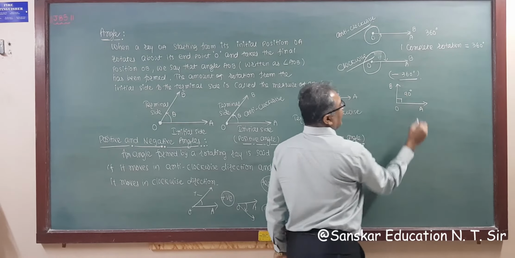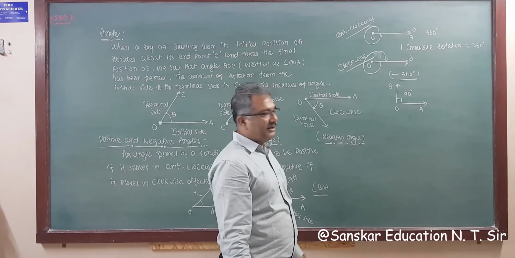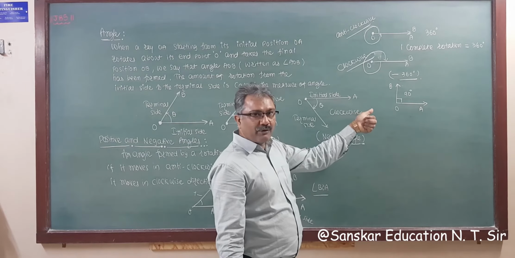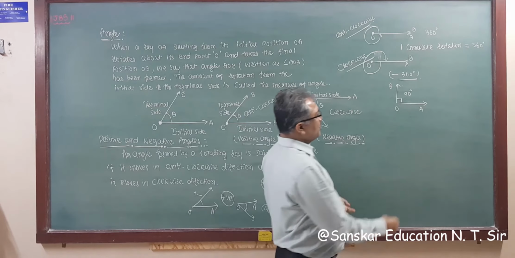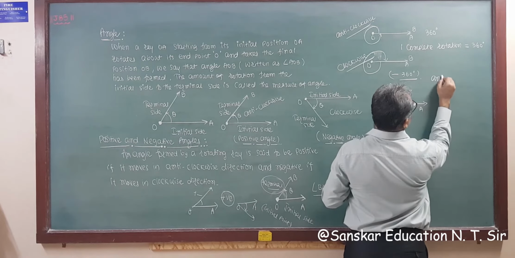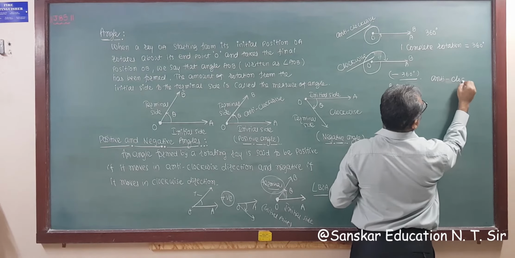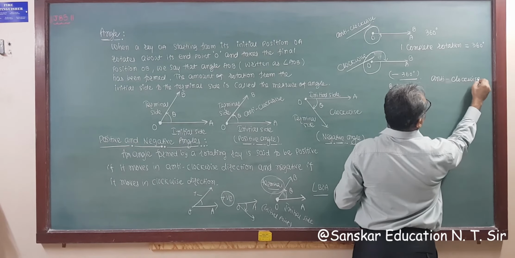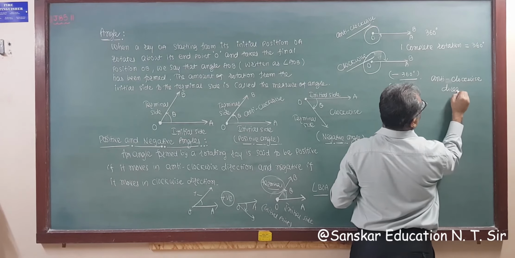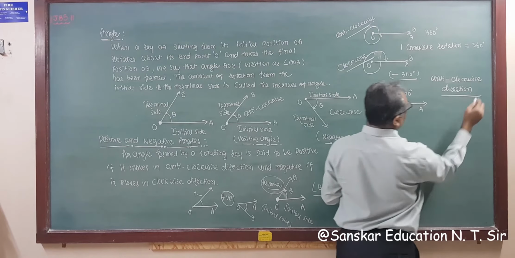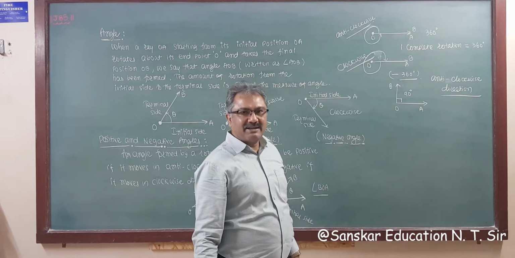So that is called a right angle, right? In which direction? We are going in anti-clockwise direction. So these angles are all in anti-clockwise direction.